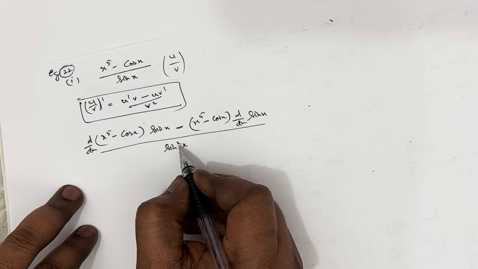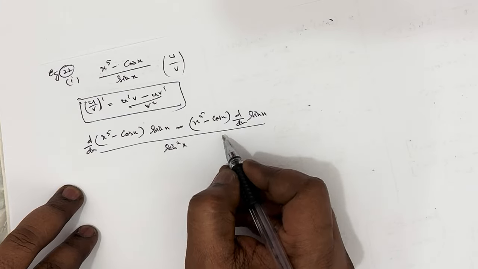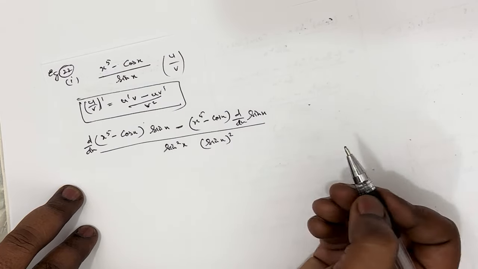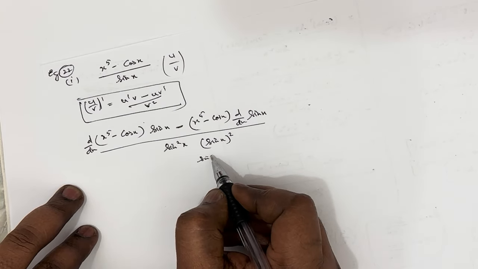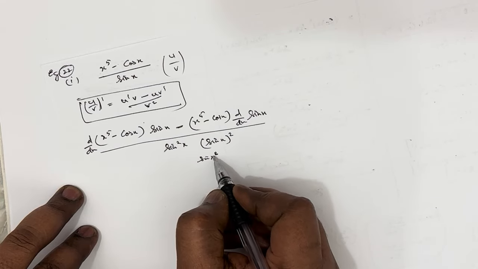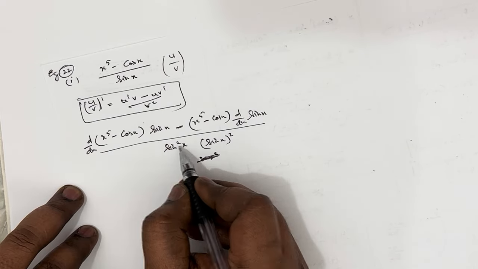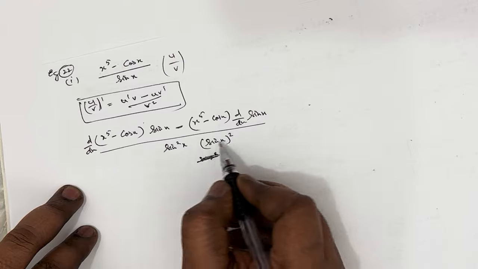We can write sin square x or (sin x) whole square. This is different from sin of x square, this is the angle. Sin square x or (sin x) whole square, both are the same.